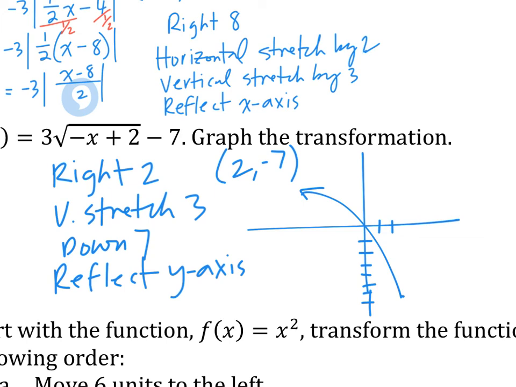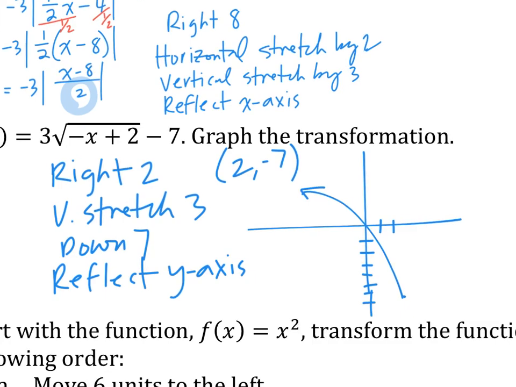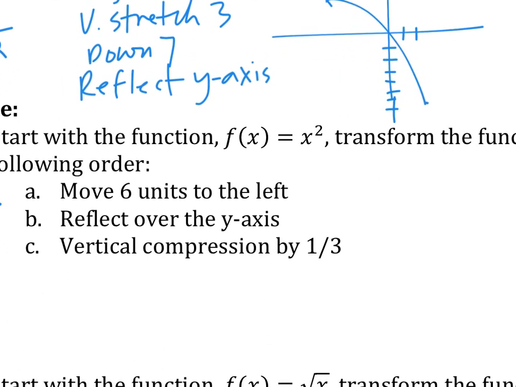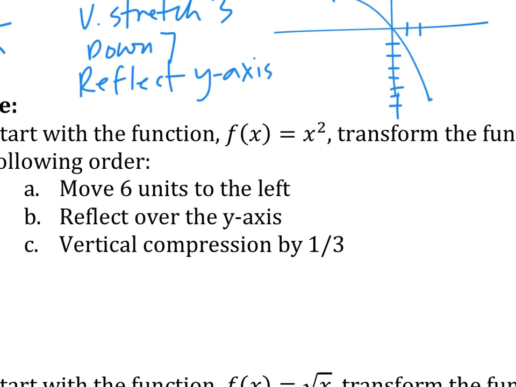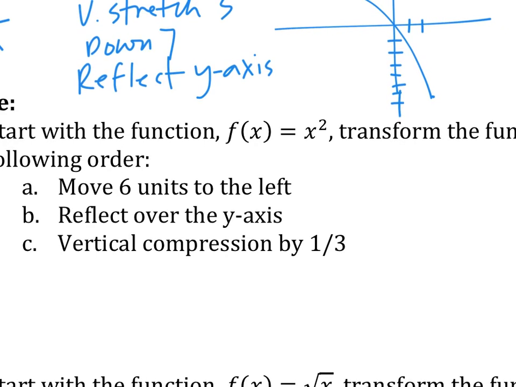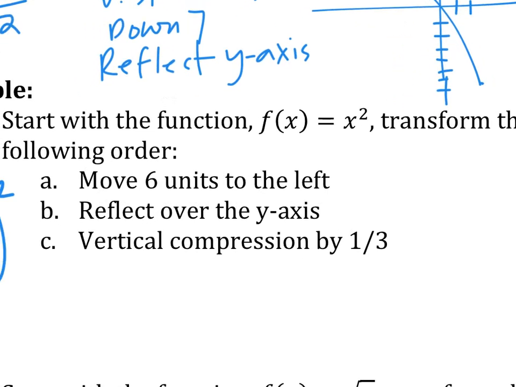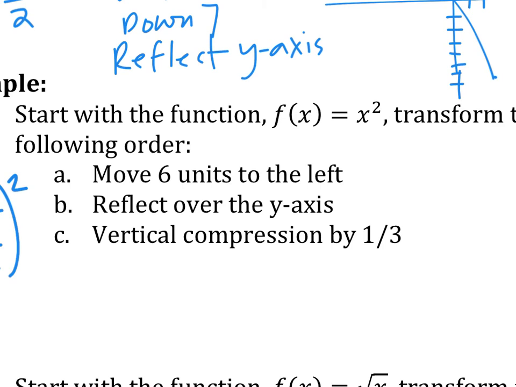Okay, now you're going to be given a parent function and some transformations. You have to write the function. Okay. 6 units to the left, reflect the y-axis, vertical compressed by 1/3. You're writing the equation, yes.